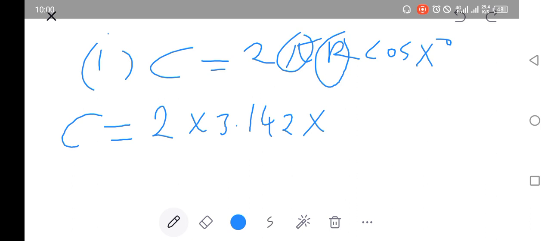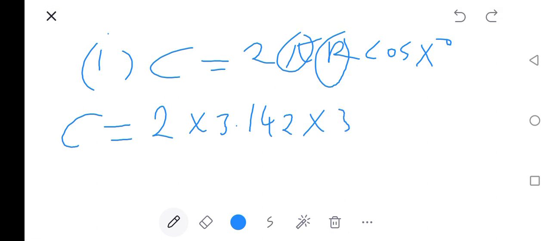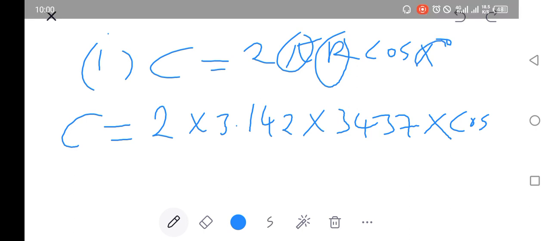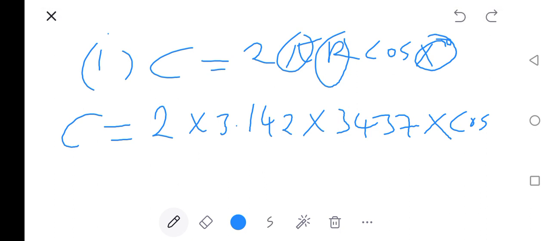Radius, if they say nautical miles, you use 34, 37 times cos x. So cos x is the latitude that they have mentioned in the question. They've mentioned 30. So that is what you are indicating.